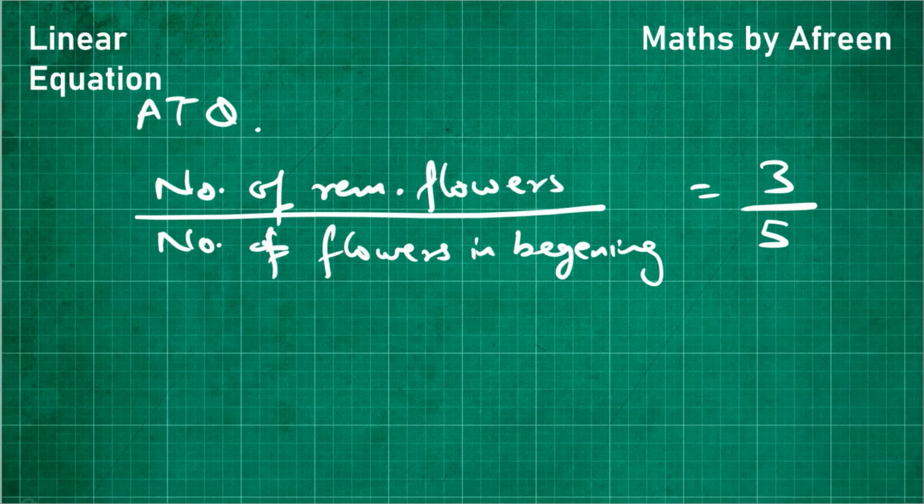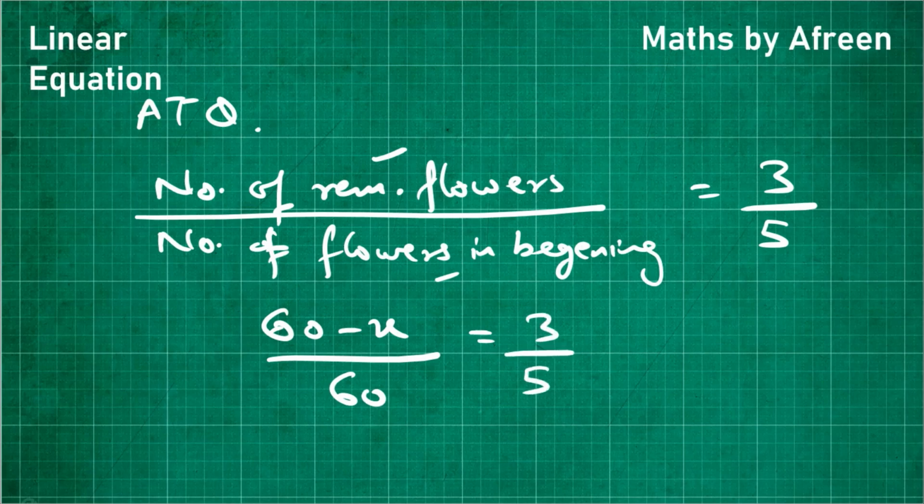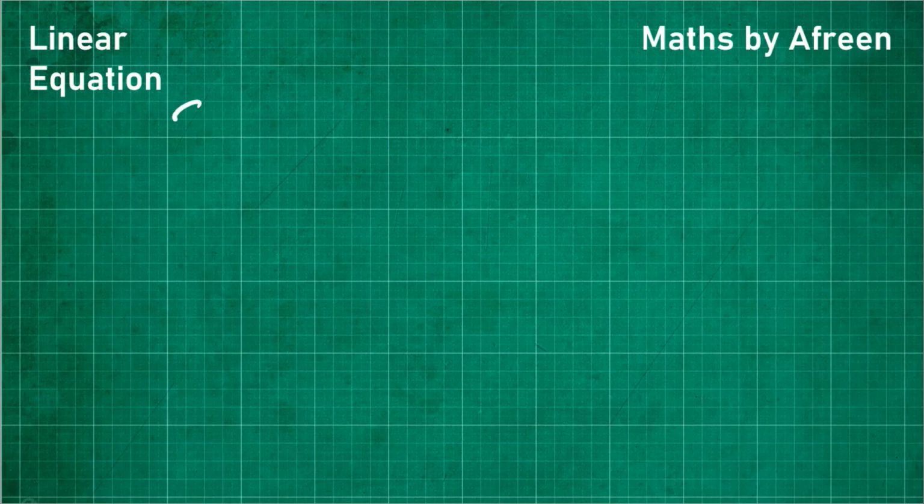So number of remaining flowers is 60 minus x and number of flowers in the beginning was 60. So 60 minus x divided by 60 equals 3/5. Now we will transpose, this is the equation and we will solve this equation. We will transpose this 60 from left hand side to right hand side in the next slide. This was 60 minus x upon 60, that implies it equals 3/5.